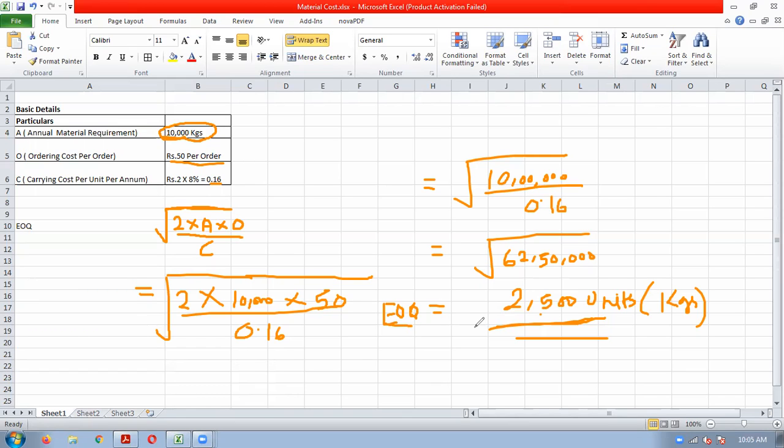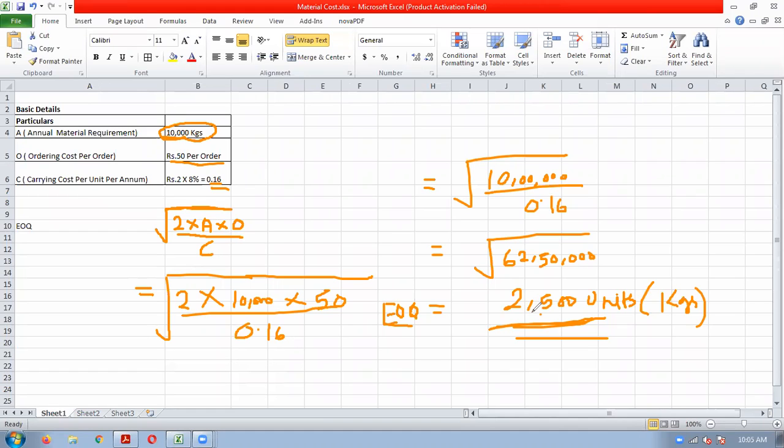Because the basic objective of every businessman and of costing is to try to reduce the cost. So if we place 2,500 units, our cost will be minimum, because ordering cost as well as carrying cost of inventory will be less. So at this quantity we can say that our cost is minimum.